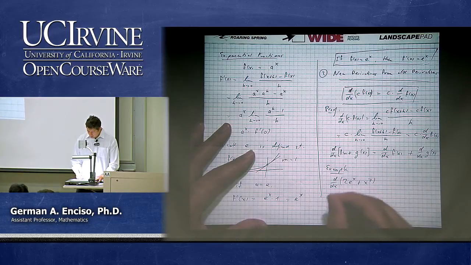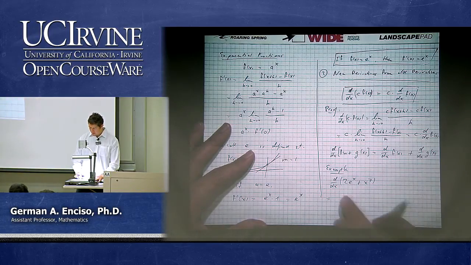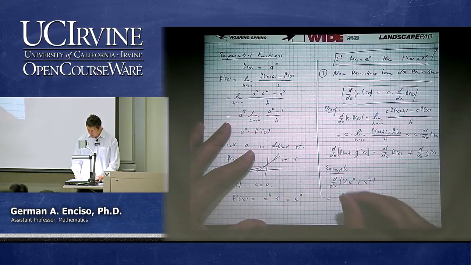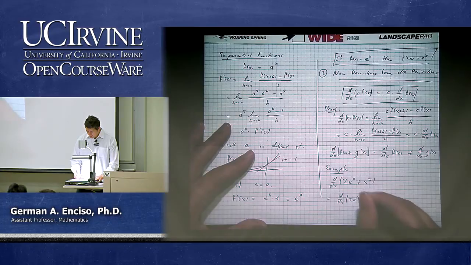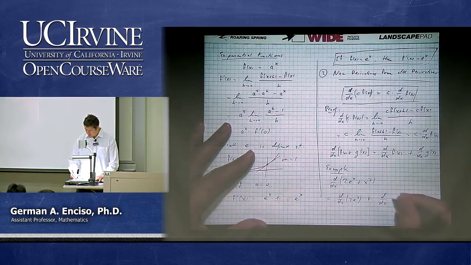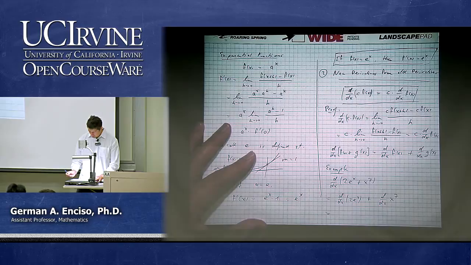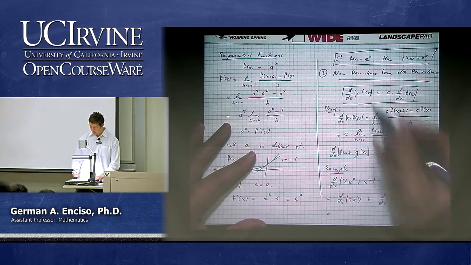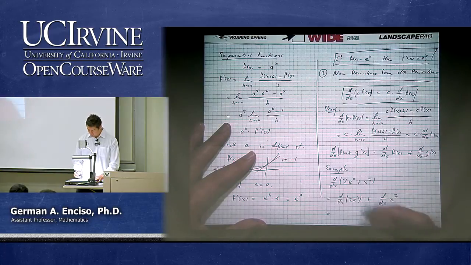So this is equal to, because of the addition formula, the derivative of 2e to the x plus the derivative of x to the 7. But this is just because of the constant multiple formula.